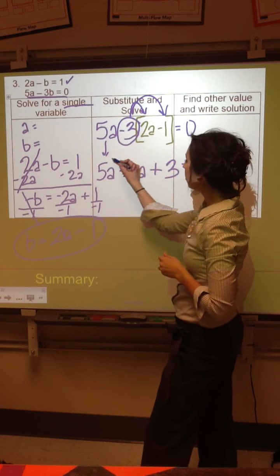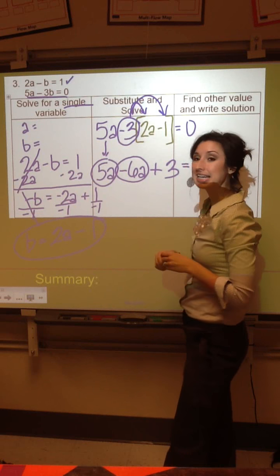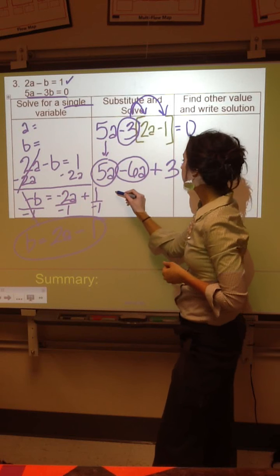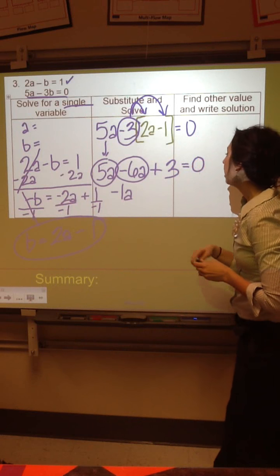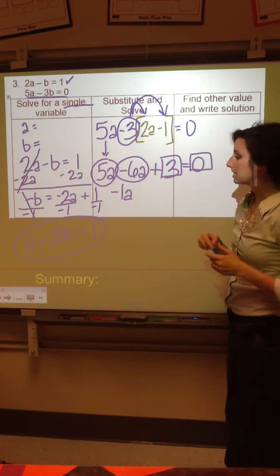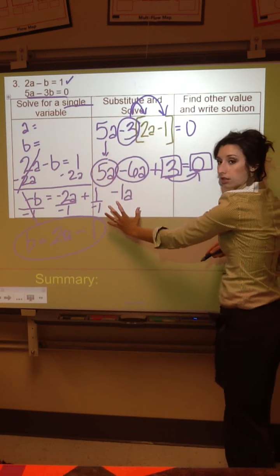Okay? So now, do I have friends? Oh, beautiful. 5 minus 6. Keep in mind the 6 is bigger. 5 minus 6, that's going to be a negative 1a. Okay? And then this 3 is friends with this 0. Can I move it since my circles are on the left?